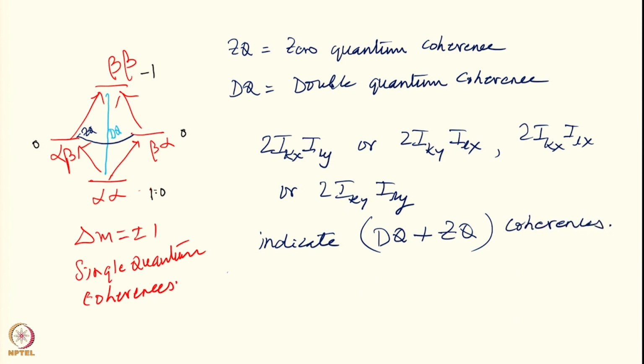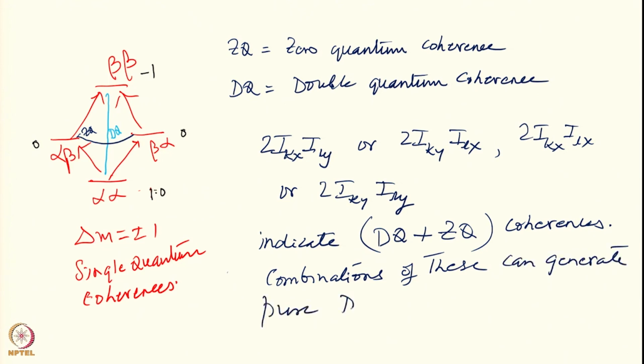A combination of these can create pure double quantum or pure zero quantum. Okay. Combinations of these can generate pure DQ or pure ZQ.